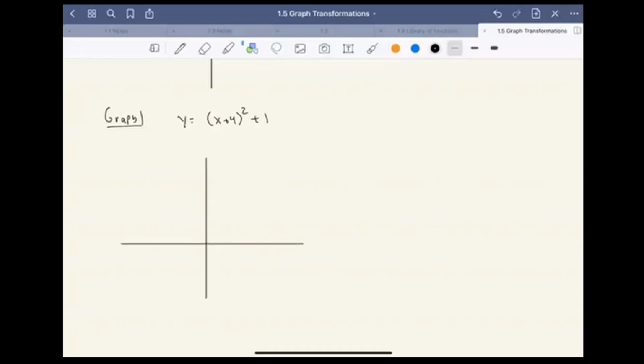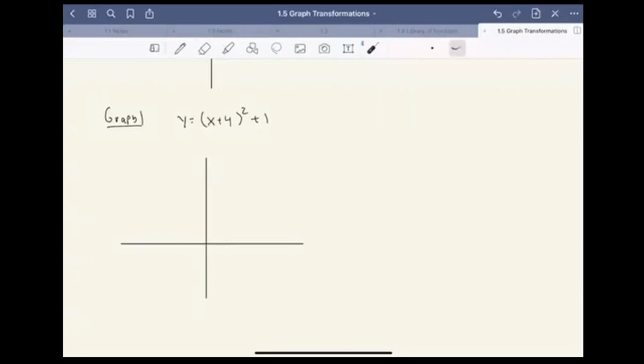Okay, so now we're going to be moving left 4 and up 1. Okay, left 4 because of the plus. Let me just rewrite that. Okay.